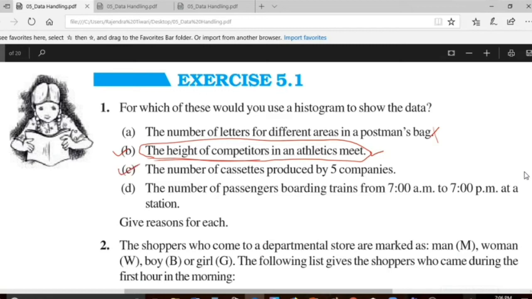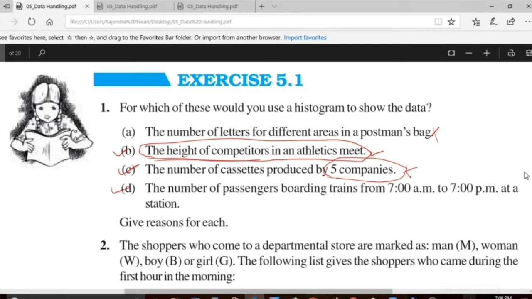Question third, C: the number of cassettes produced by 5 companies. There are 5 different companies, so we cannot make a histogram for this. We can make a bar graph for this question, but not a histogram. So this is not possible.